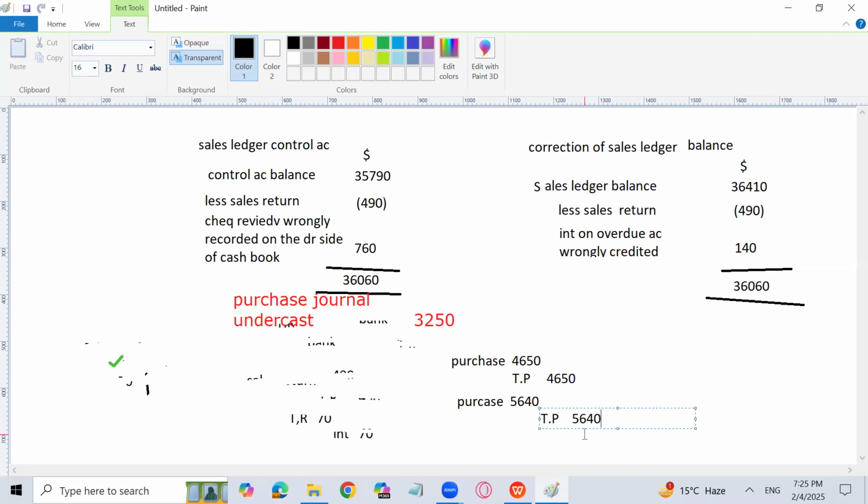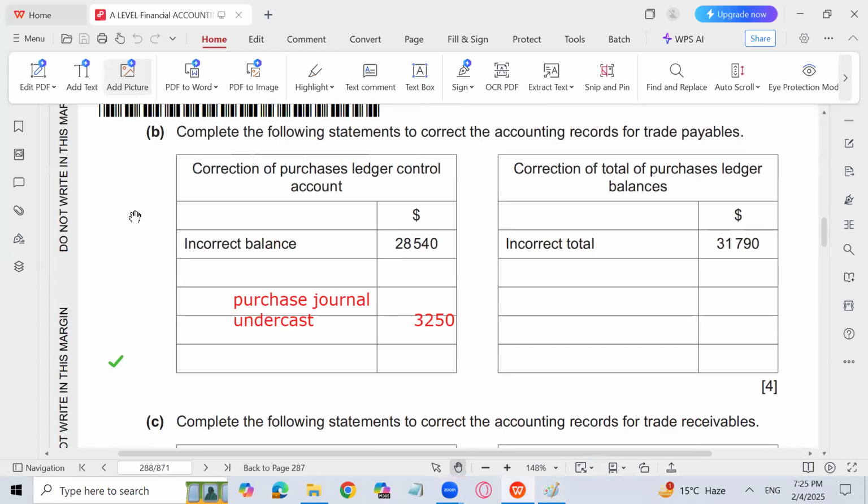It means हमने ज्यादा से क्रेडिट कर दिया. जब ज्यादा क्रेडिट किया तो जितना ज्यादा क्रेडिट किया है उतनी अमाउंट से डेबिट करना पड़ेगा. और डेबिट करने का मतलब है कि ट्रेड पेबल में कमी होगी, वो सब्ट्रैक्शन होगी, वो डिक्रीज होगा. तो पहले इसका डिफरेंस निकाल लेते हैं हम. 4650 minus 5640, that is 990. So 990 is going to be subtracted from both sides.